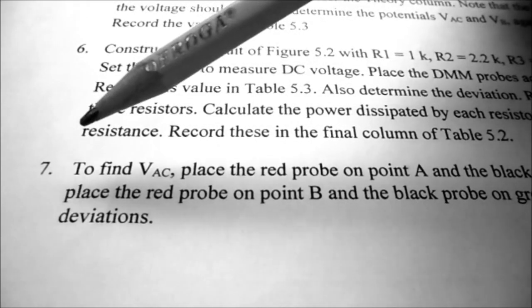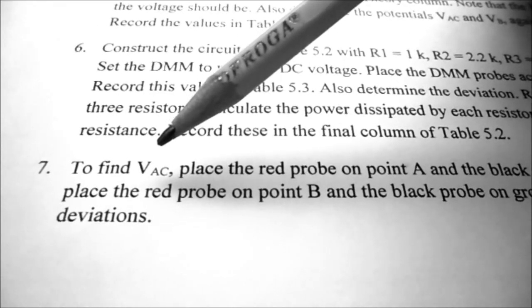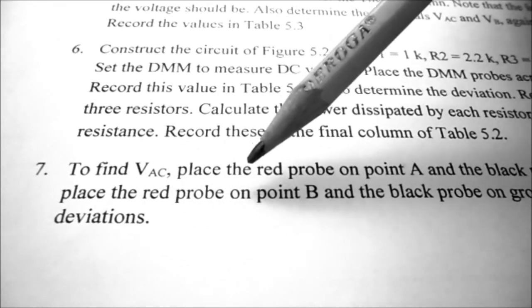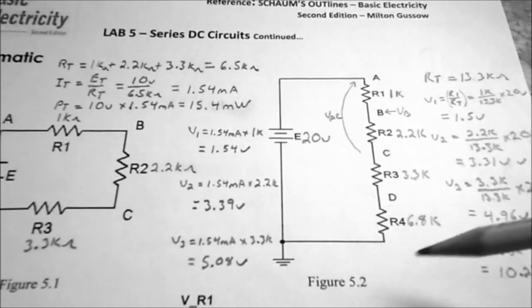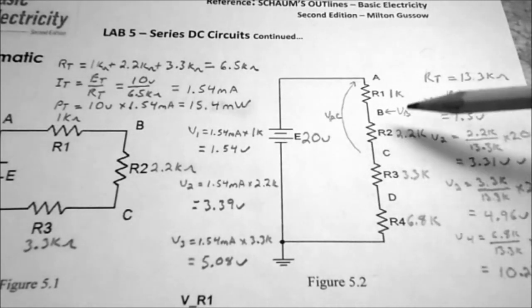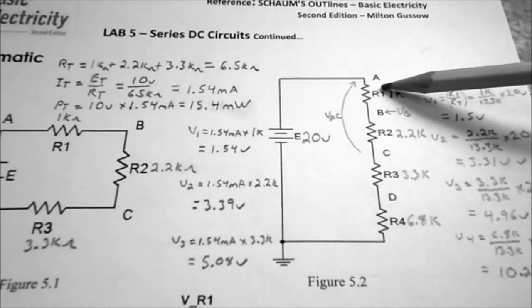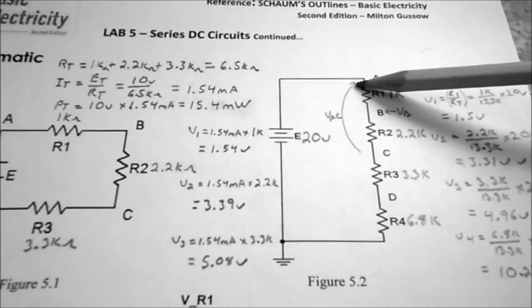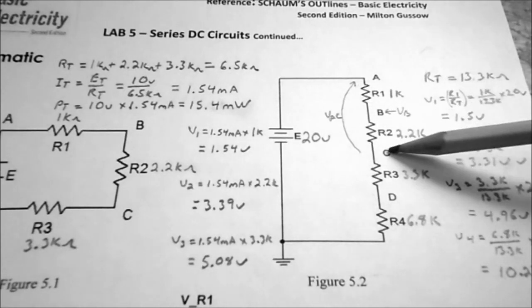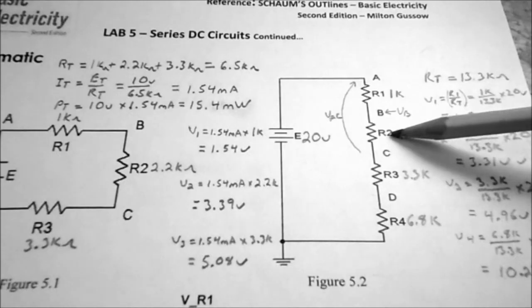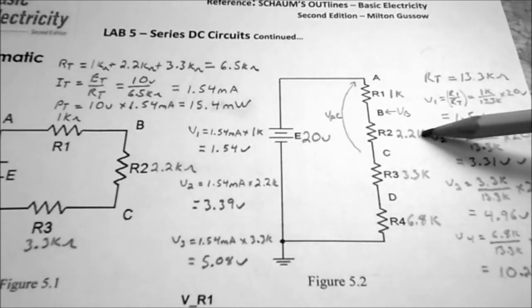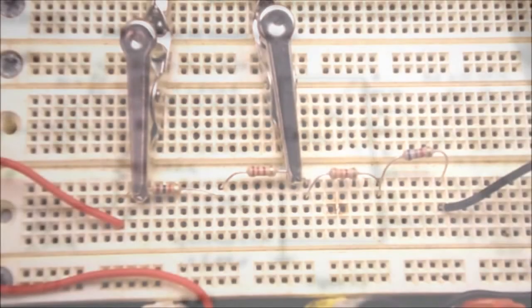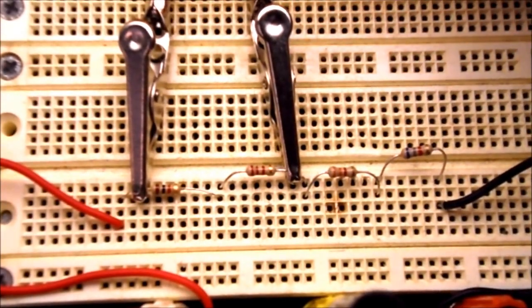Now under procedure, step 7, we're going to find the voltage VAC and the voltage at point B. So in figure 5.2, we can see that point A is at the top of the 1 k ohm resistor, and that's going to be the red lead. And point C is between R2 and R3, so that's the bottom of the 2.2 k ohm resistor. So this is the placement of my leads.